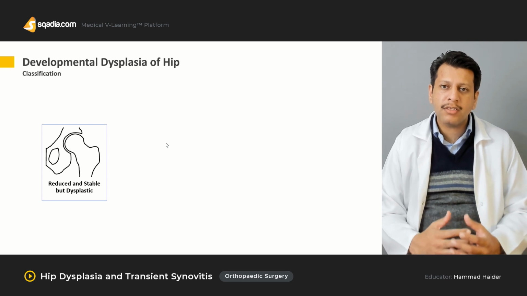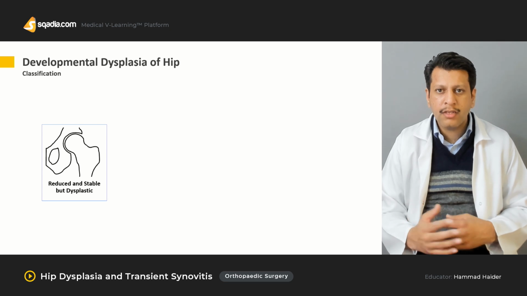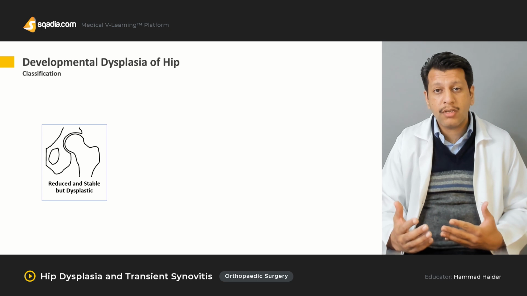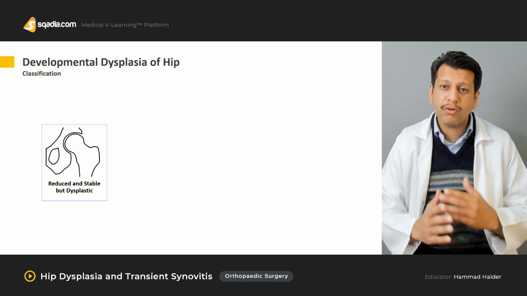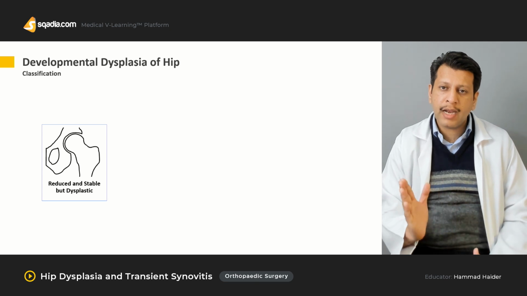That means there is either an increased acetabular angle, or an increased acetabular index, which is leading to more dysplasia, or there is a decreased center edge angle of Wiberg, which also protects against lateral translation of the head of the femur.